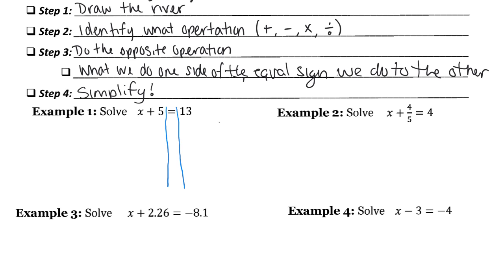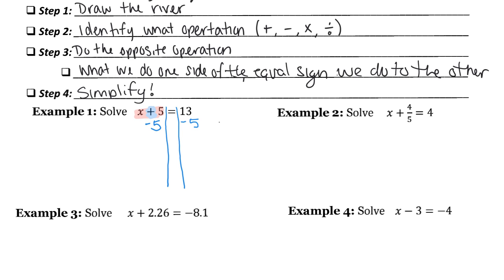Okay, so what operation is happening on this side? Well, there's that plus sign there, right? So what's the opposite of adding? The opposite of adding is subtracting. So we're going to subtract 5, not just on this side, but the other side as well. Because remember, what we do to one side, we have to do to the other.